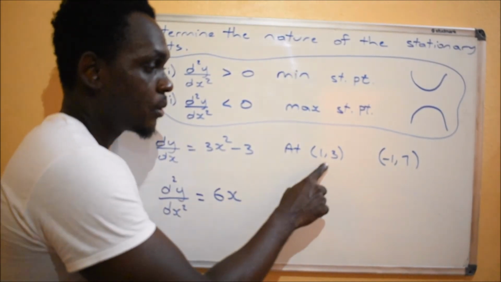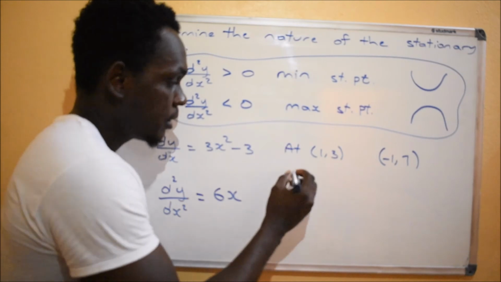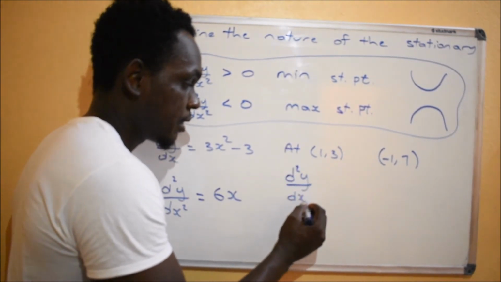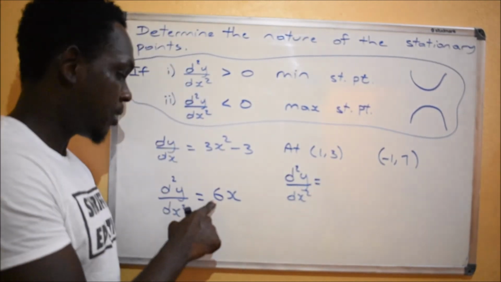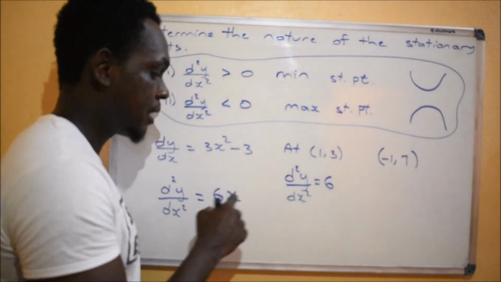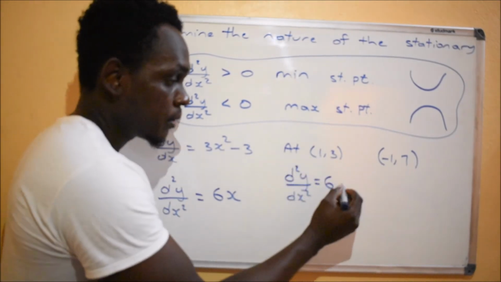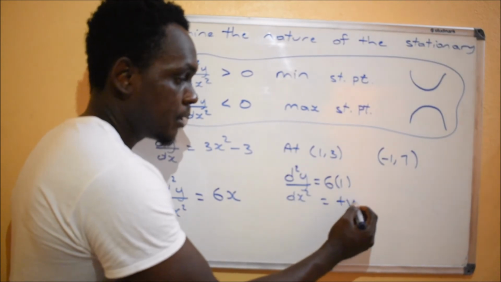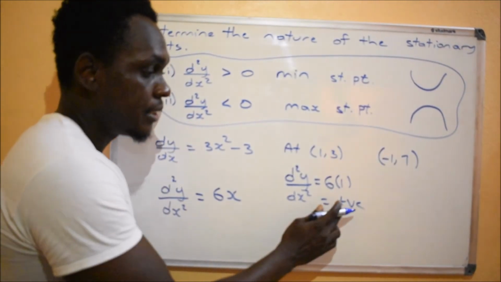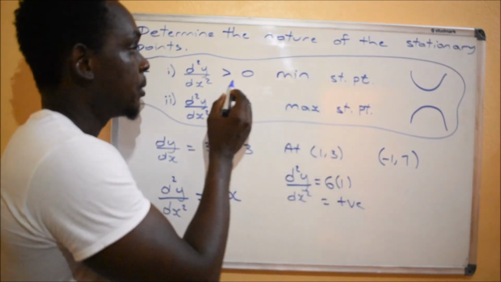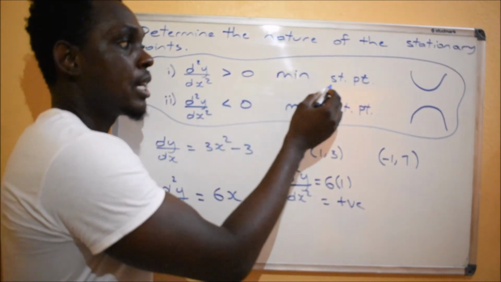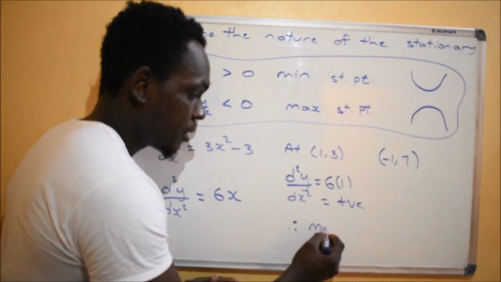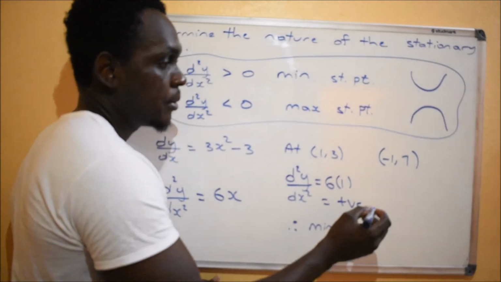So at (1, 3), d squared y by dx squared is equal to 6 times the x coordinate, which is 1. So 6 times 1 is a positive number. And since this is greater than 0, we have a minimum stationary point. So therefore, minimum.